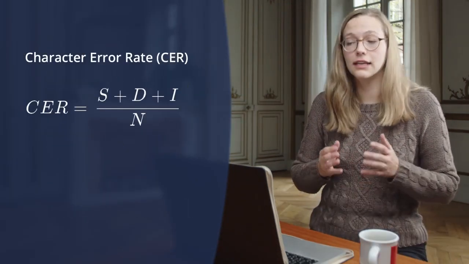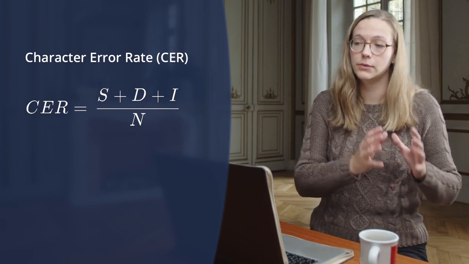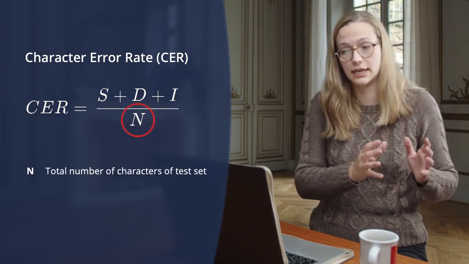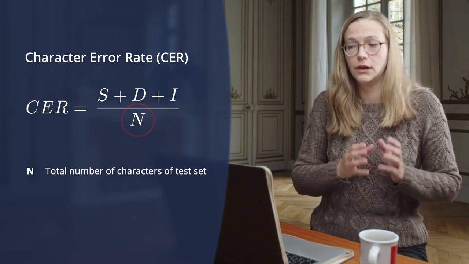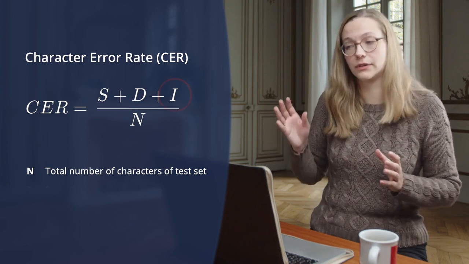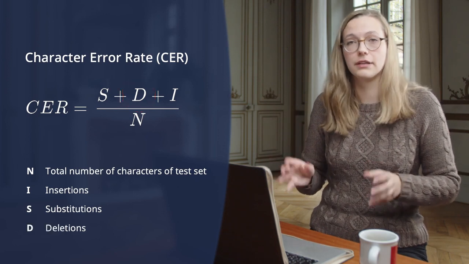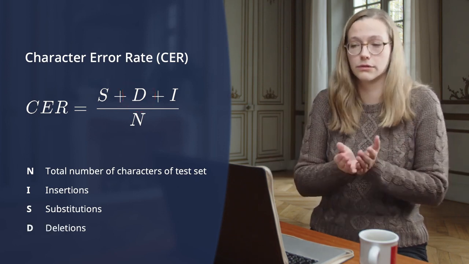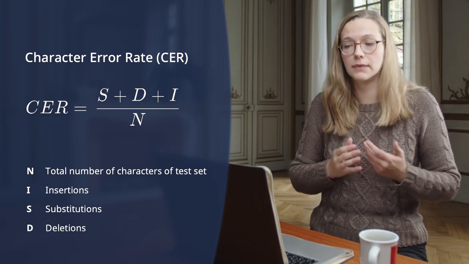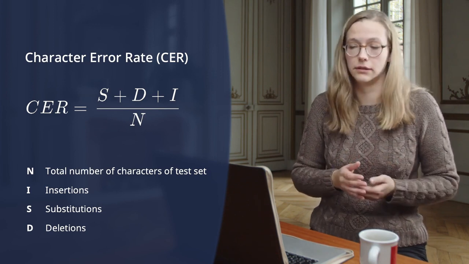The character error rate, in short CER, compares the total number of characters of the test set, including spaces, to the addition of the number of insertions, substitutions, and deletions of characters that are required to obtain the ground truth result. Each minor transcription error is an error.